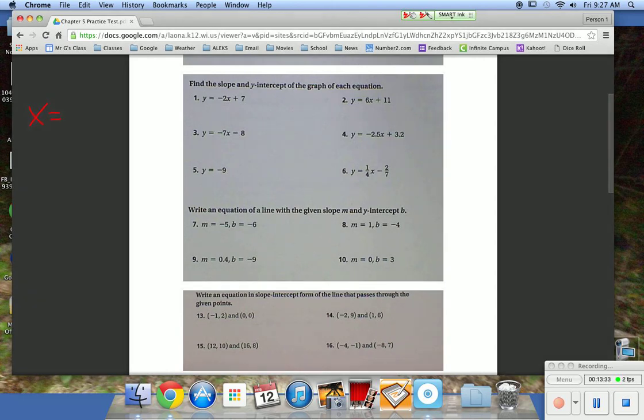X equals 10. What's my slope? Okay, let me do this. I go up 10. 1, 2, 3, 4, 5, 6, 7, 10. I draw a line right there. What's my slope? 0. A 0 slope is when it's horizontal.